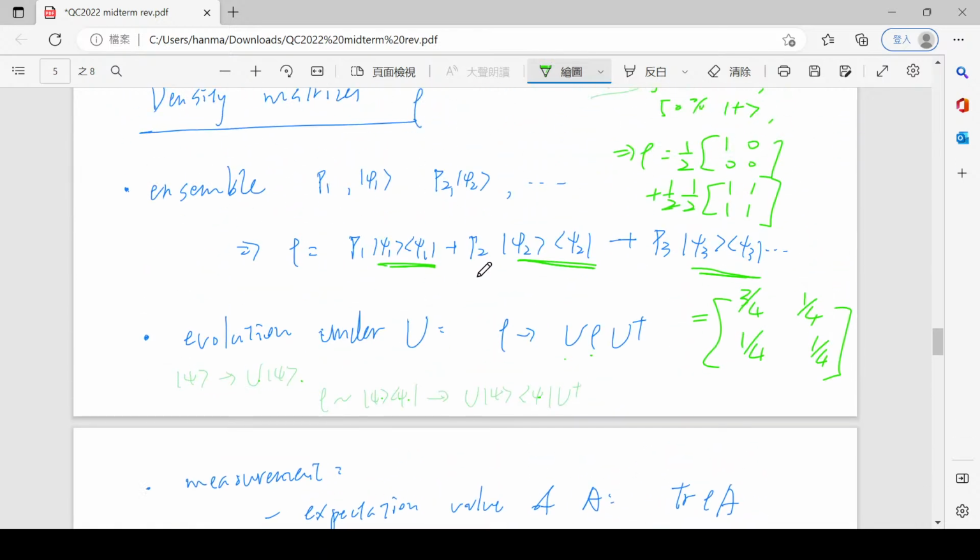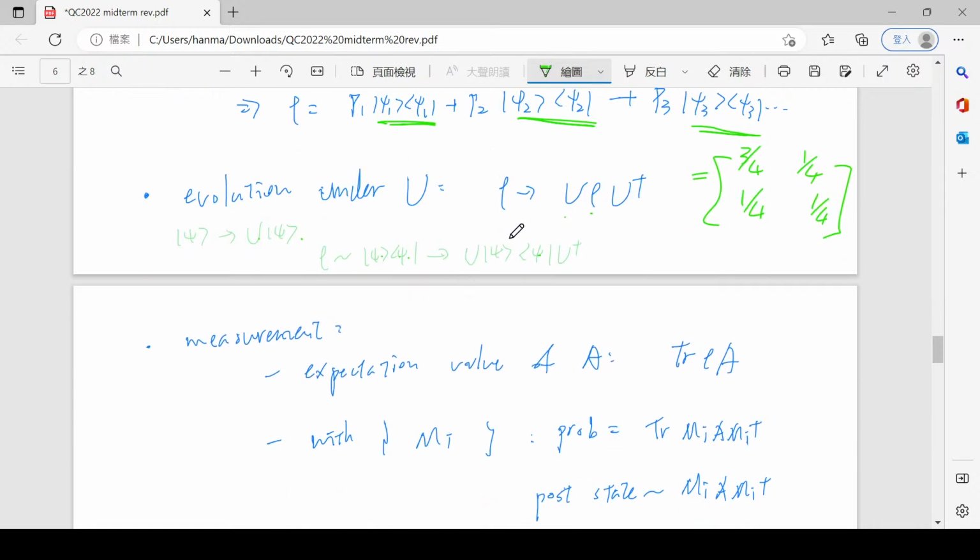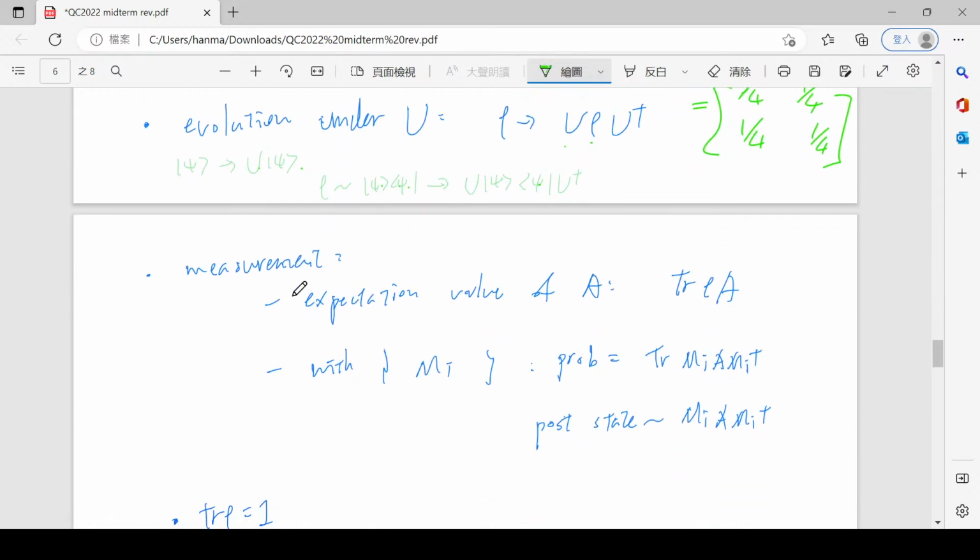And so the rule about evolution is this, and there is a rule about measurement.